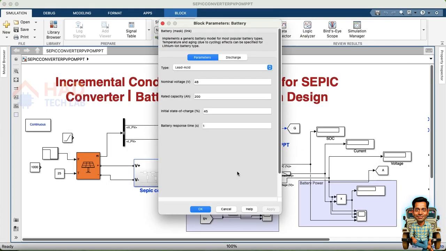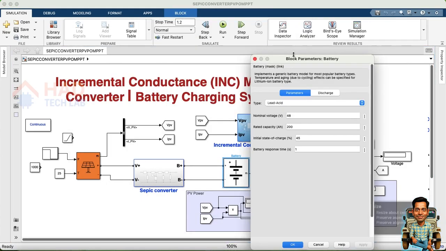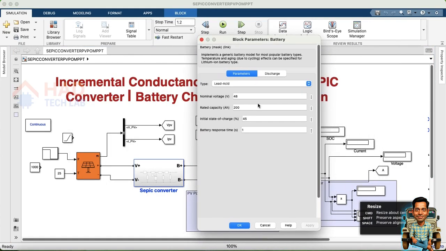We move to the battery. After the PV panel, we move on to the battery block because our target is battery charging. Here I chose the lead acid battery. The nominal voltage is 48 volts, rated capacity 200 ampere hours, then state of charge I chose 45, then battery response is 1.